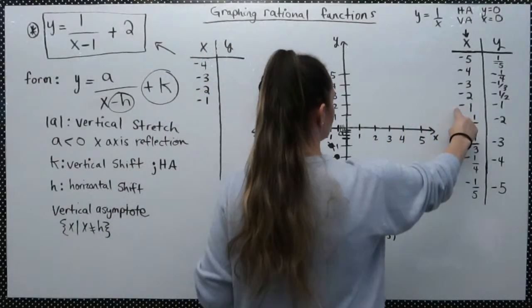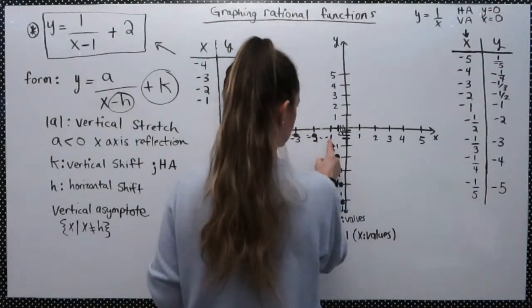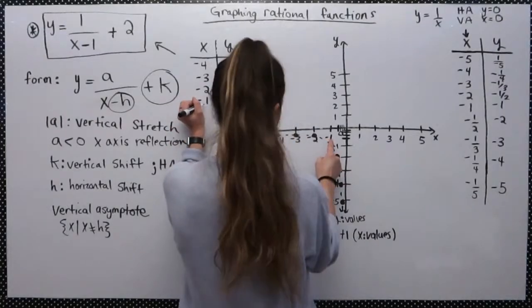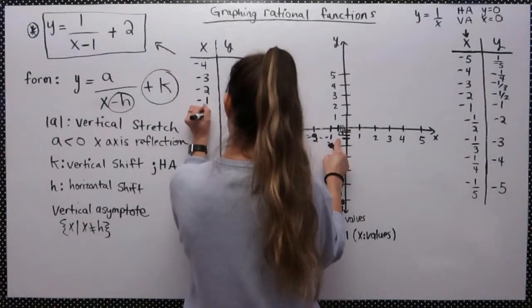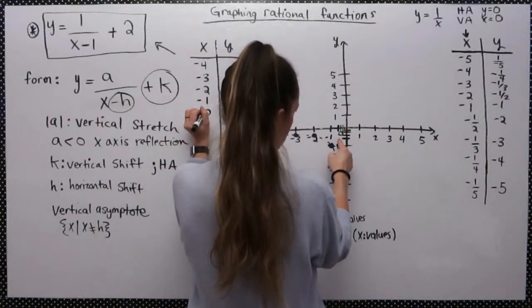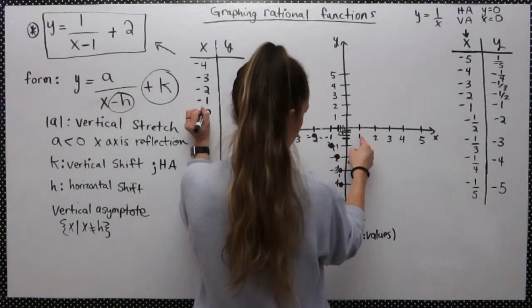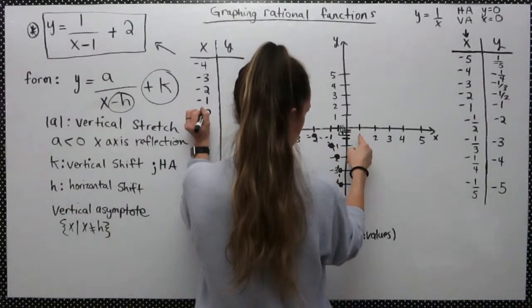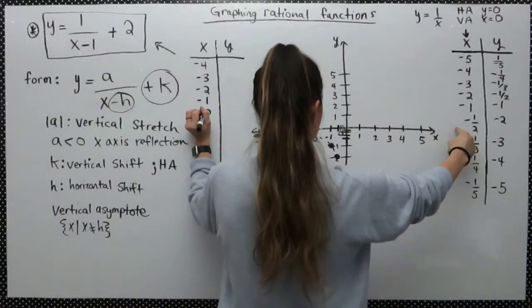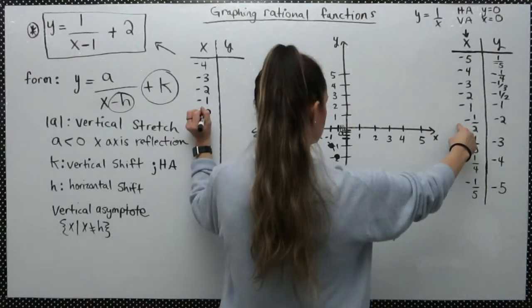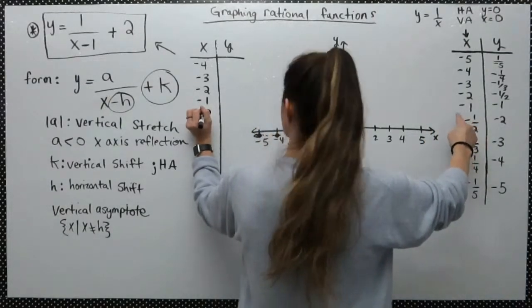-2 minus 1 is -1. -1 minus 1 is 0. I didn't put 0 in here, I skipped it because 0 was undefined.